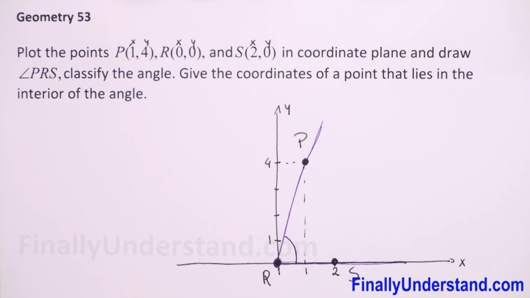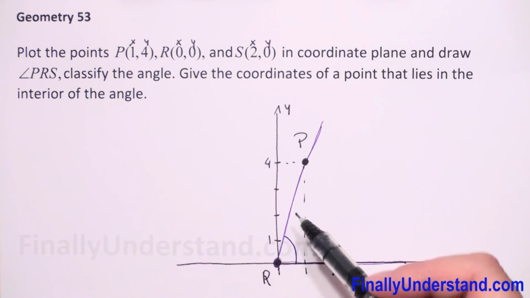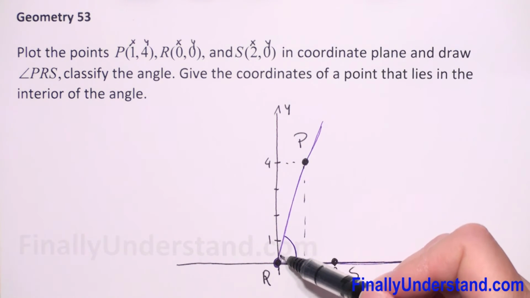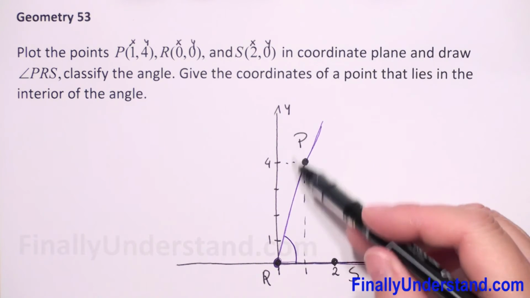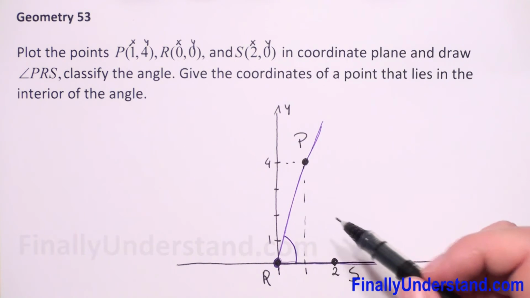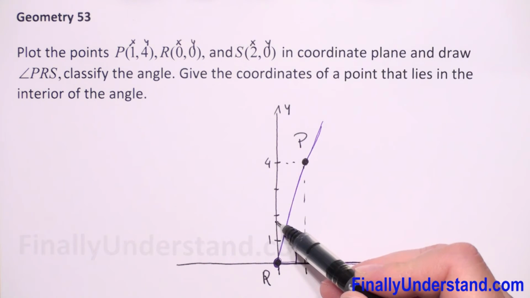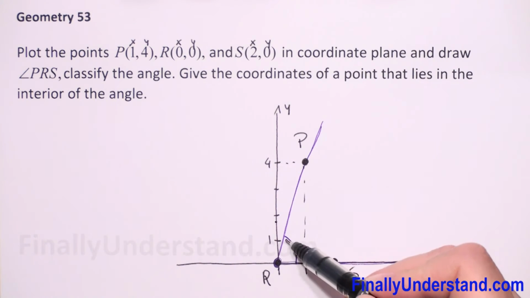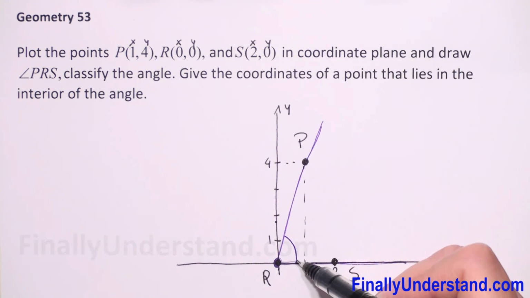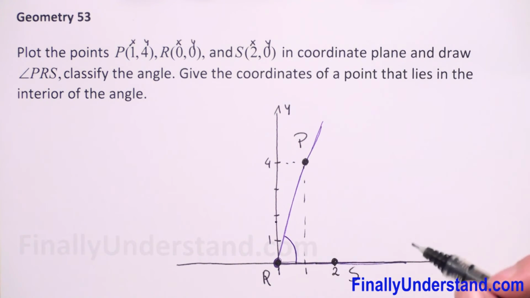First we have to classify the angle. We have the vertex at point (0, 0), so it will be very easy to classify our angle because the second side is in the first quadrant, and we know that the first quadrant is from 0 to 90 degrees. So this is less than 90 degrees. It means that our angle is acute.